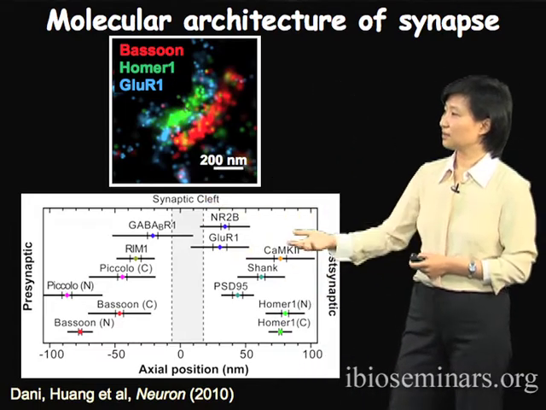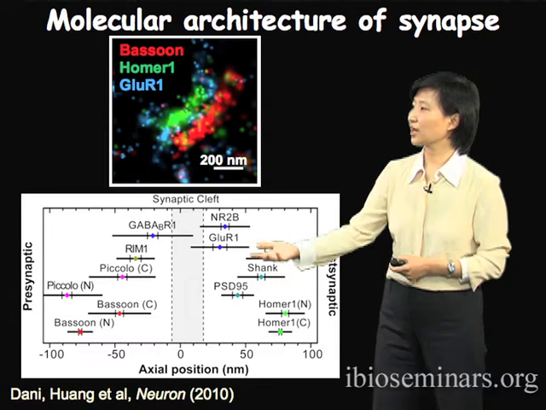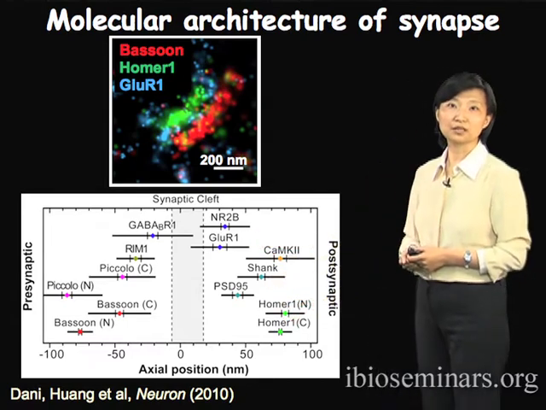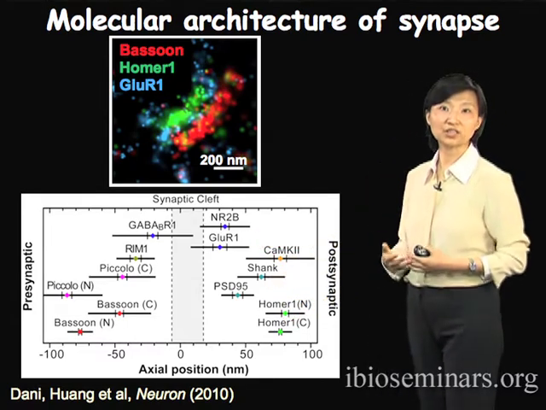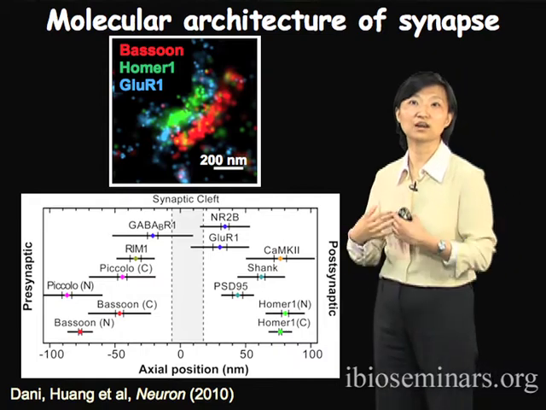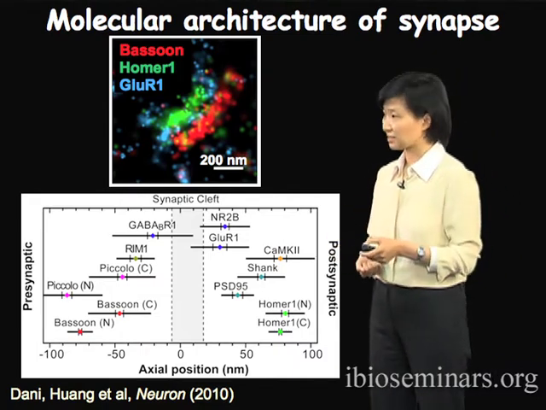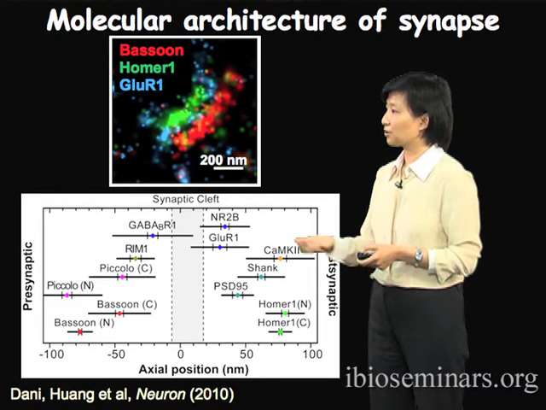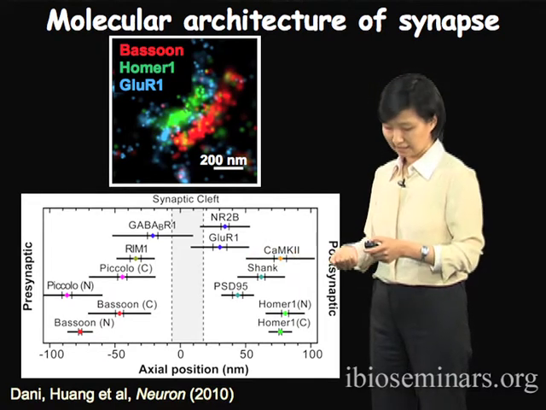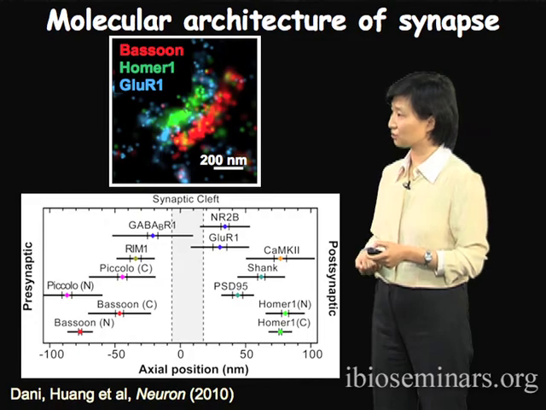Here you can see that such an architectural map gives very rich information about how proteins are distributed and laid out in the synapses. I won't go into explaining the implication of each individual one for the sake of time.